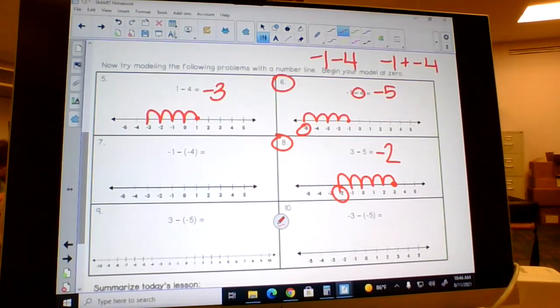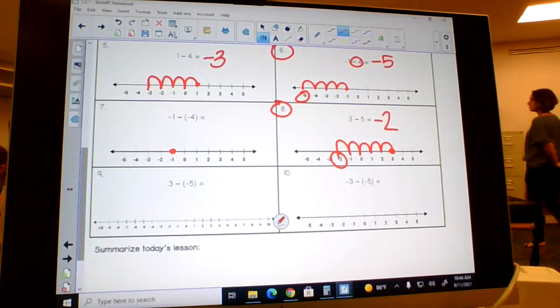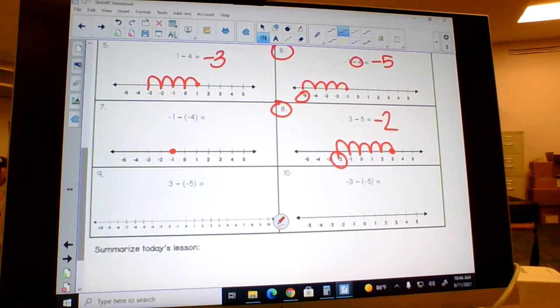Perfect. Good job. Alright, let's look at 7 here. So negative 1, that's where I'm going to start. But I'm taking away a negative 4, and that's what we were talking about. When I subtract a negative, what did we say happens? It turns positive. So when you see 2 negatives back to back like this, we're going to change that to plus a positive.